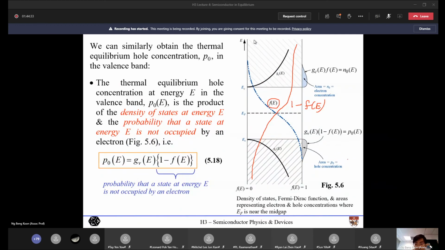So you're multiplying the red curve and the density of states GV in the valence band. You multiply the two, you get this lump. Similarly, to find the total number of holes in the valence band, we're interested only in the area of the curve. We need to integrate this whole distribution function.